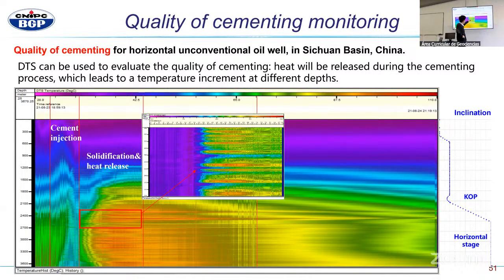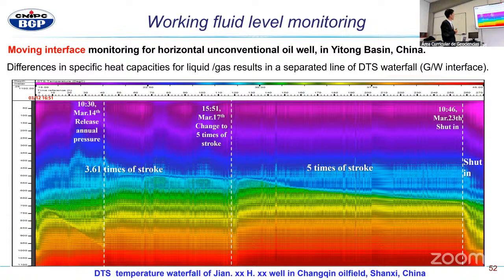Using this skewing of the depth, we can evaluate that this is not good cement, and this way is good cement. I think some logging methods can also be used for cement quality evaluation, like sonic logging and radio logging.